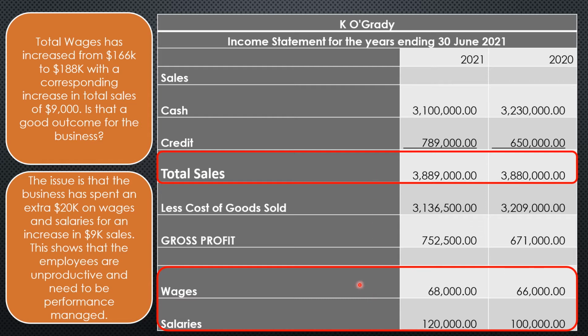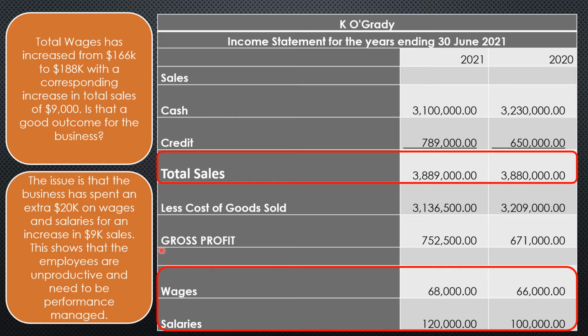However, we can actually see here that the total wages, so in other words, combining the wages and salaries together, has increased from 166,000 to 188,000. Now, is that really a good outcome for the business and a good use of money? And that is what we need to examine the relationship between now.